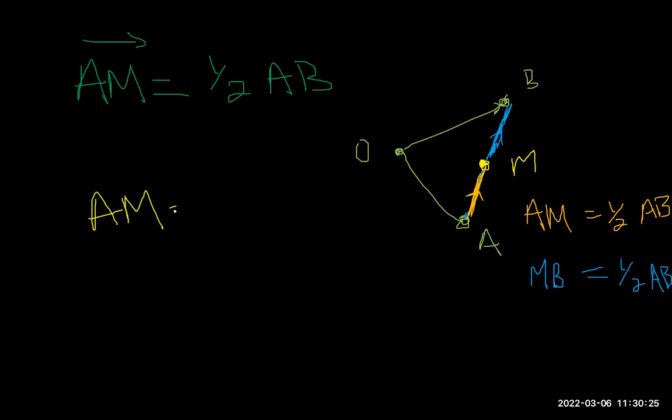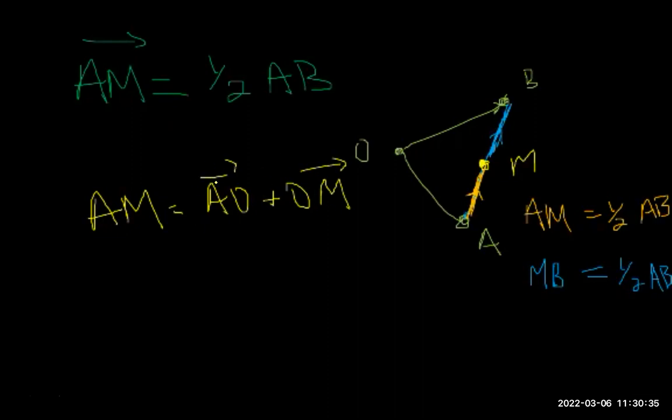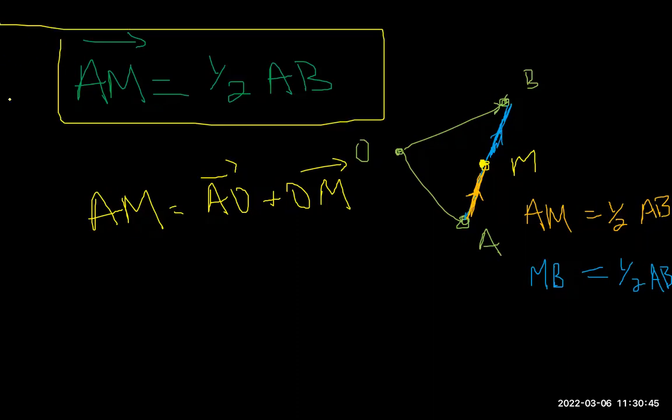I know that AM has to be equal to AO plus OM. So that's how I'm going to find the OM, right? I basically have this already. I'm trying to find this, but I don't know what this is. Just like we were doing just now, we did not know what PB was, but we had information to find PB.